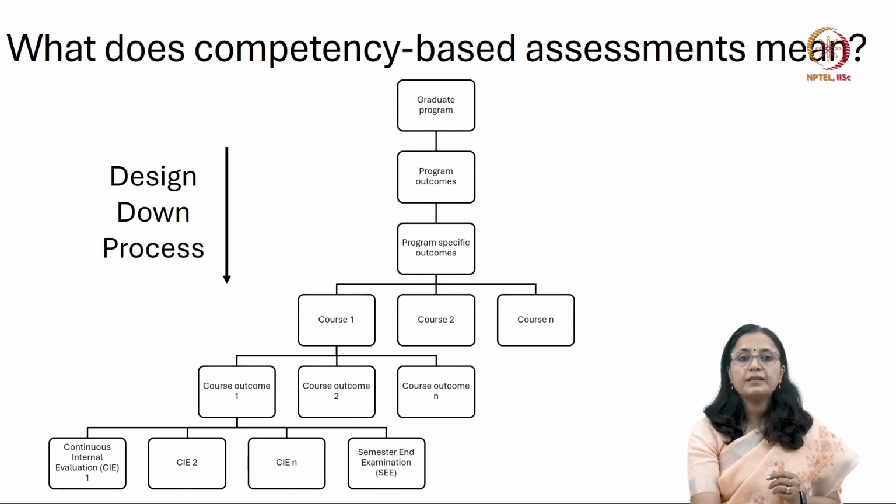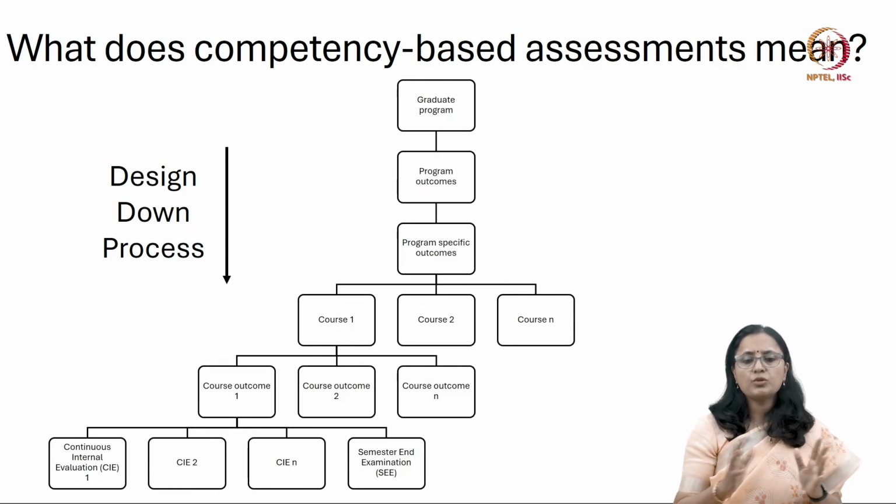For example, course outcome 1 is probably focused on applying concepts, while another course outcome may focus on the ability to solve problems or critical thinking. So basically, these course outcomes are written in a manner that they are accessible, observable, and also measurable.